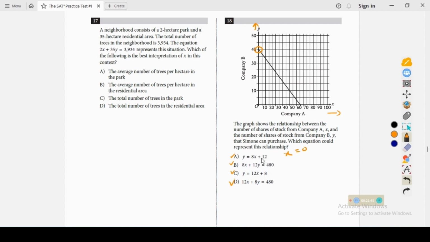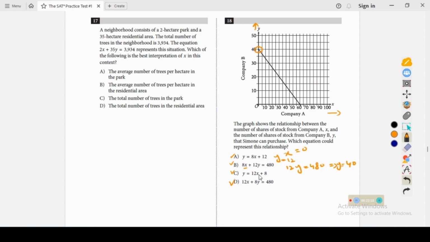When I put the value of x as 0 in the first equation, it gives the value of y as 12. So 12 is not right. Also, when I put x as 0 in the second equation, it becomes 12 times y equals 480. But by just dividing by 12 on both sides, it gives the value y equals 40.